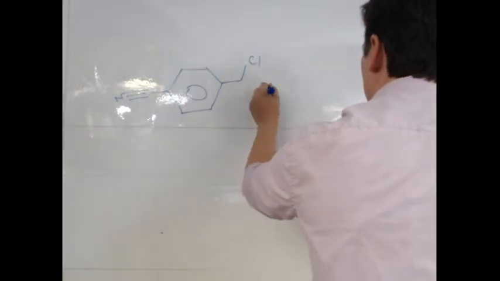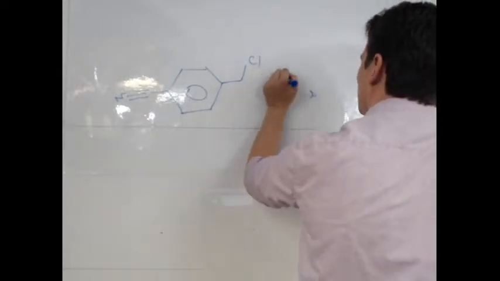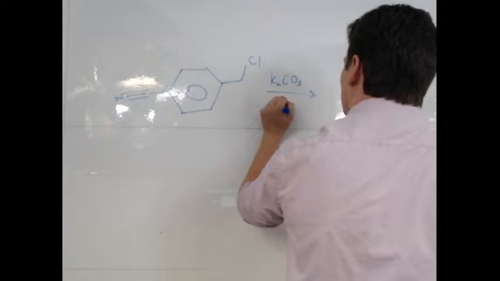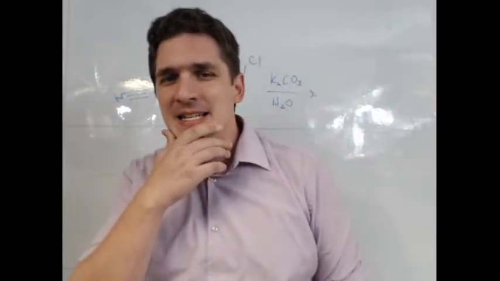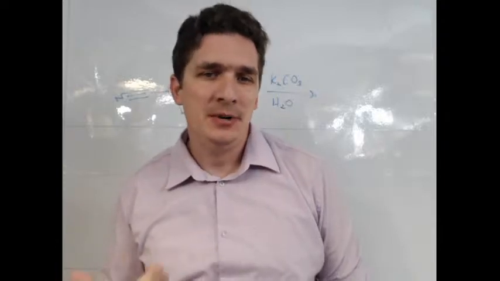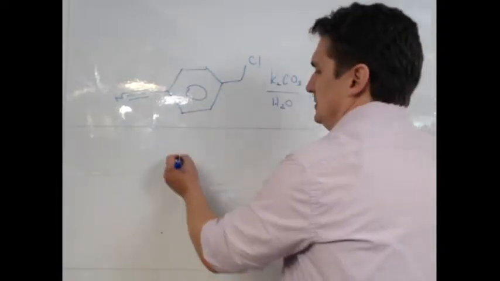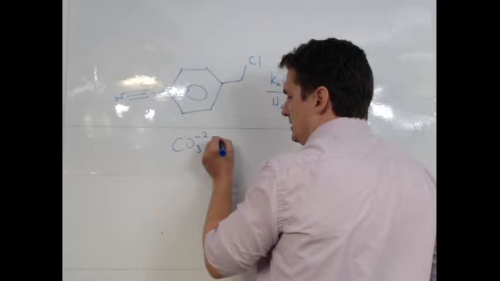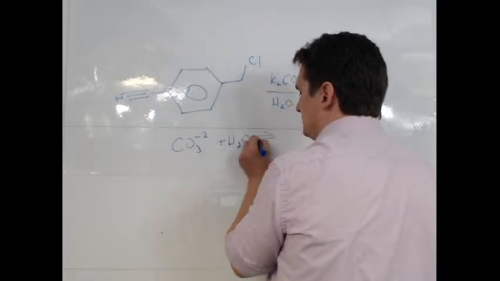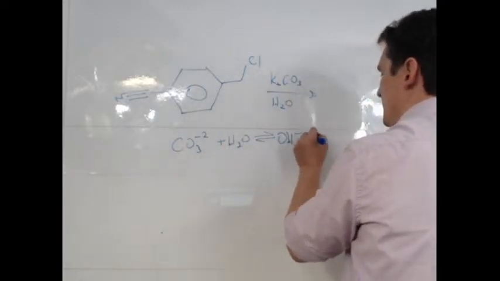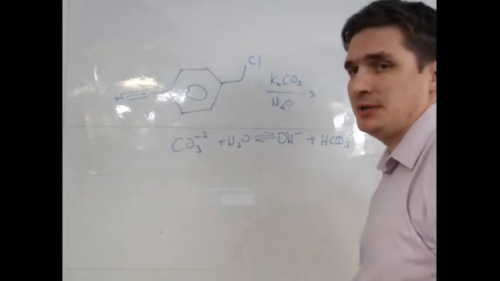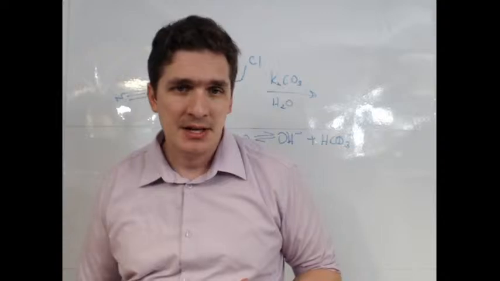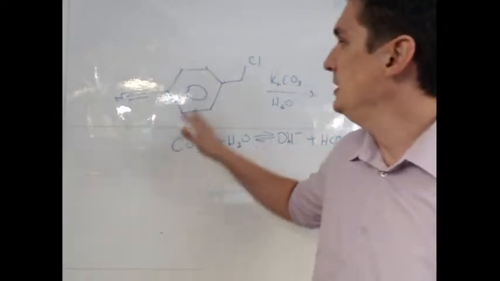And the reaction is potassium carbonate and H2O. Now, if I had to guess what's going on here, carbonate, CO3 2-, is a base. So we end up forming hydroxide and bicarbonate. Well, we've got hydroxide and we've got chlorine here.